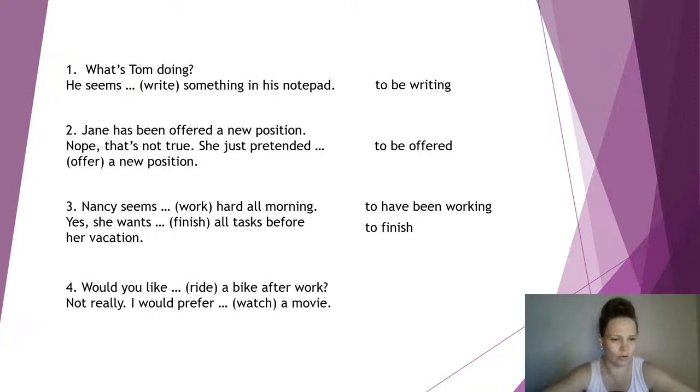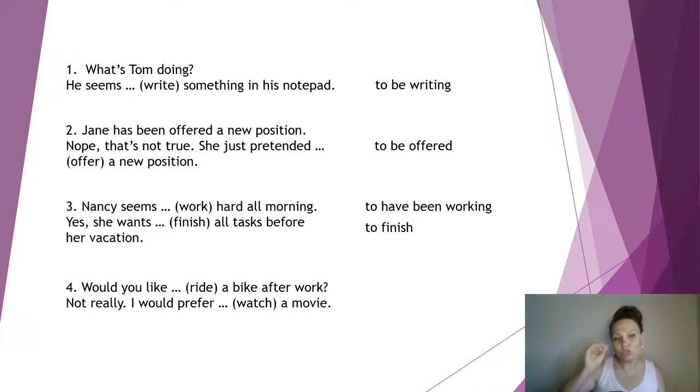And number 4. Would you like to ride a bike after work? Not really. I would prefer to watch a movie. I have chosen this dialogue intentionally, because you remember that after like, prefer, love, hate, after likes and dislikes, we use gerund, the verb with the ing ending.